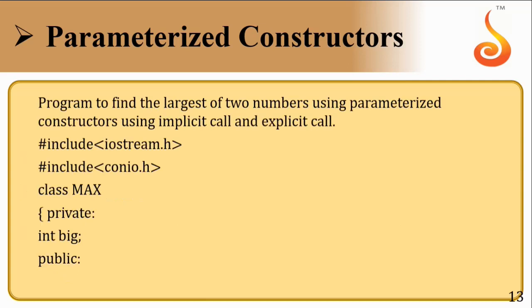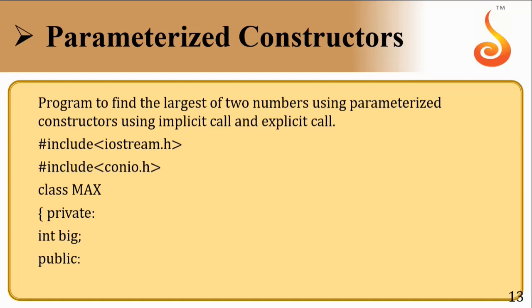I have written a program to use a parameterized constructor using both implicit call and explicit call in one program only. Please make a note because they'll ask you to write an example. You can write this simple example program. What am I doing in this program? I'm writing a program using parameterized constructors with implicit as well as explicit call.